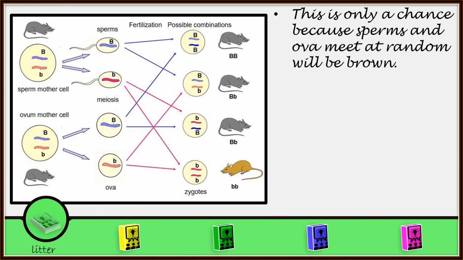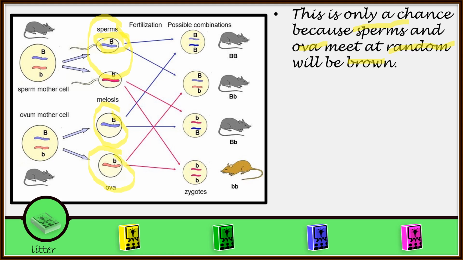This is also a chance, because sperms and ova meet at random. So this one going with this one is random, or again this one going with this one, it is also random.